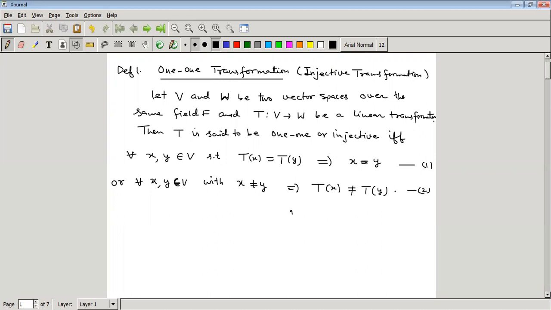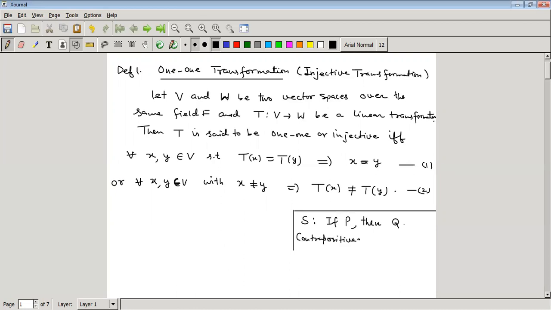What is contrapositive? If we have a statement, S is my statement, if P, then Q. What is the contrapositive of this statement?